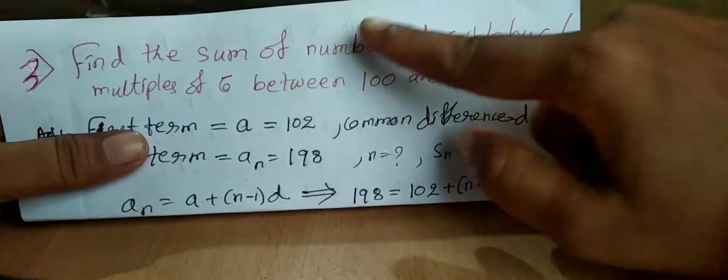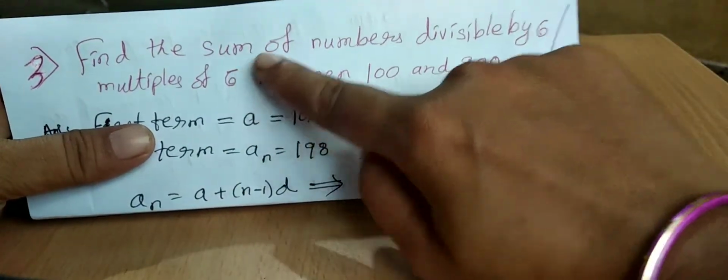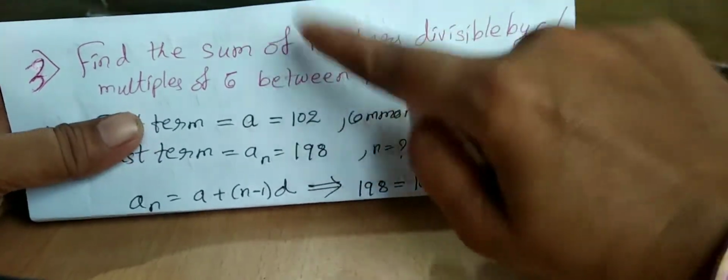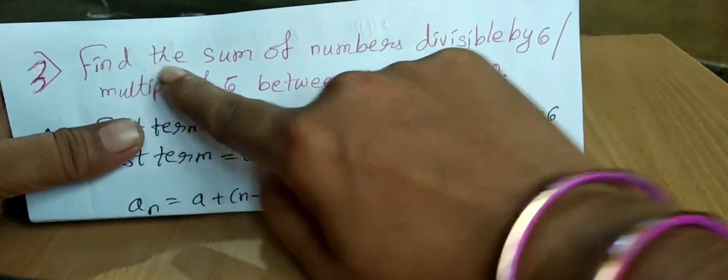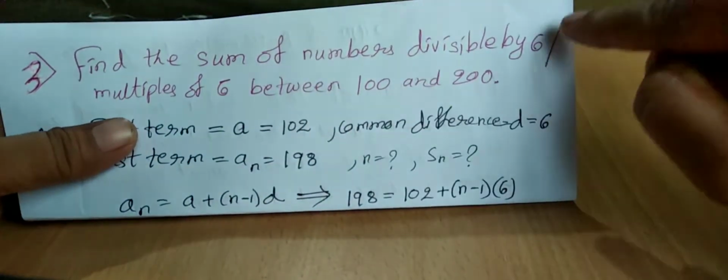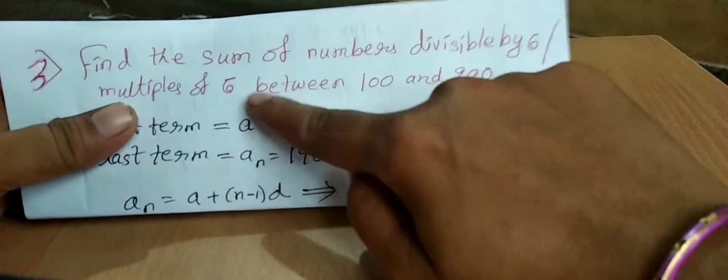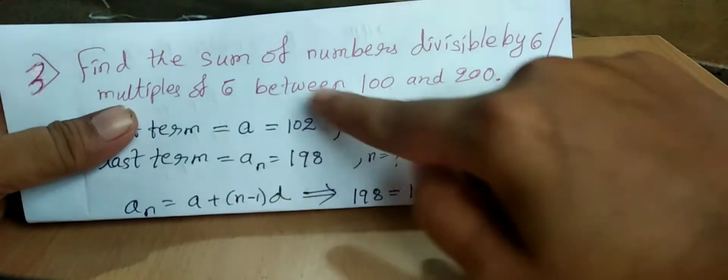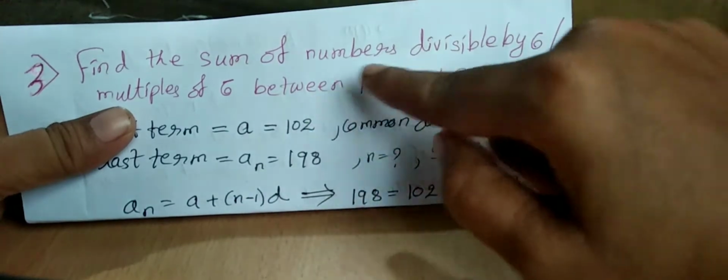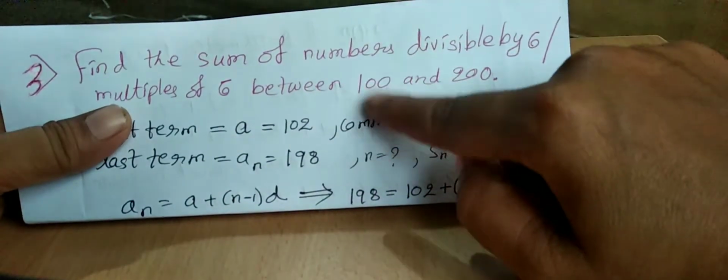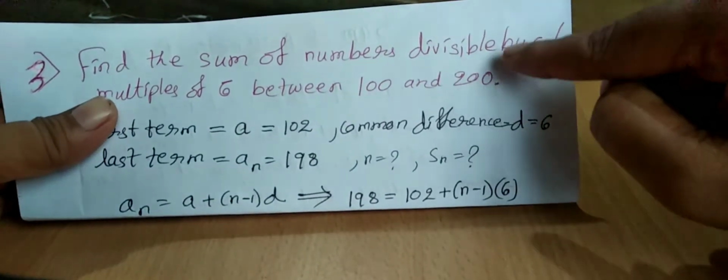In the second one, they have given first 40 terms. But in the third problem, check here. Find the sum of numbers divisible by 6 or multiples of 6. Also they can ask. But they are asking the numbers in between 100 and 200.